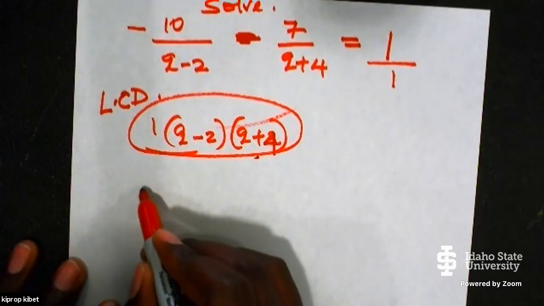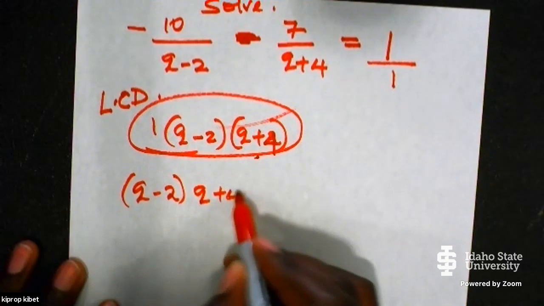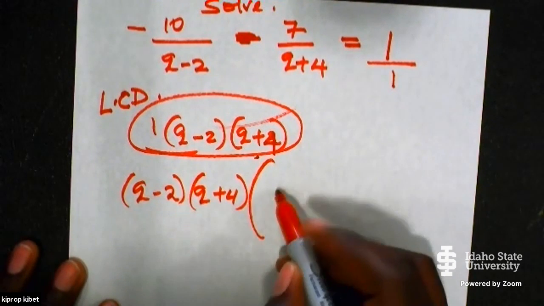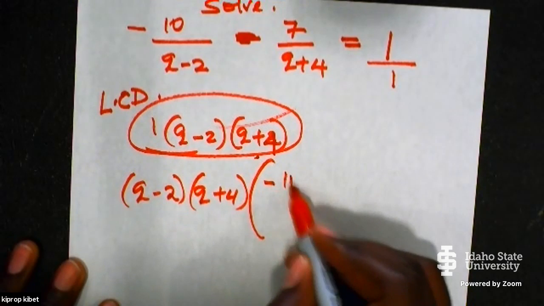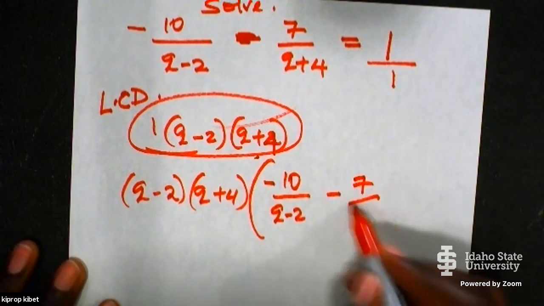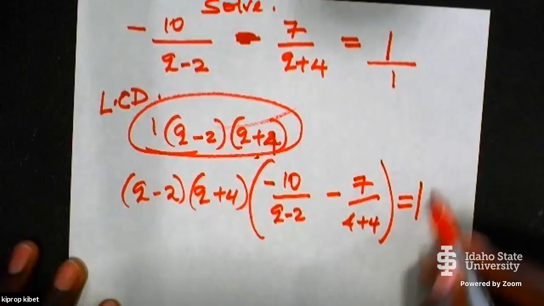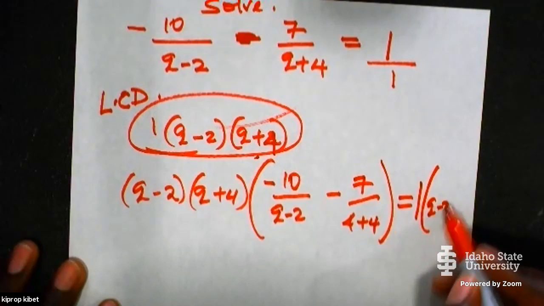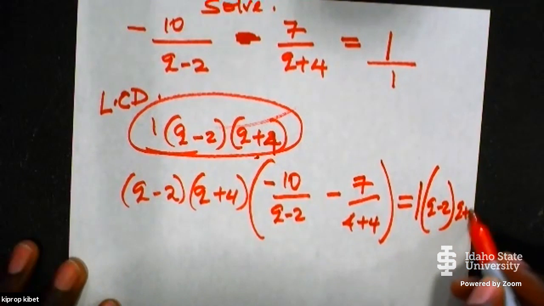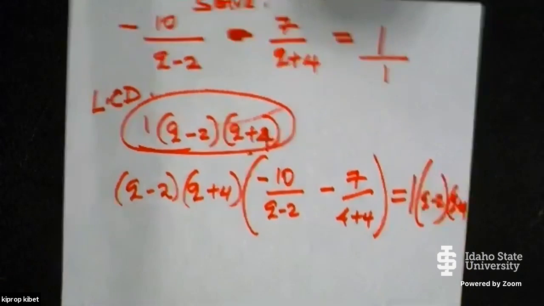So it will be (q minus 2)(q plus 4) times all of this, minus 10 over q minus 2 minus 7 over q plus 4, equals 1 times (q minus 2)(q plus 4).